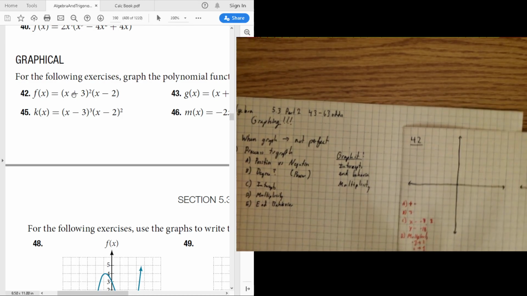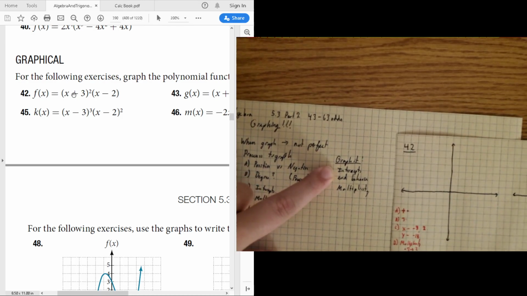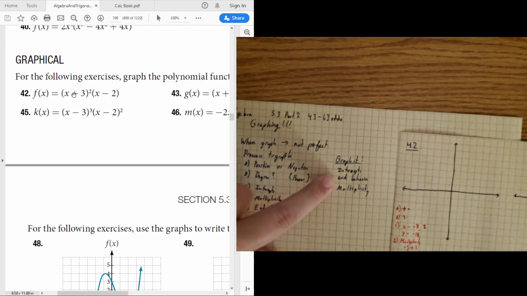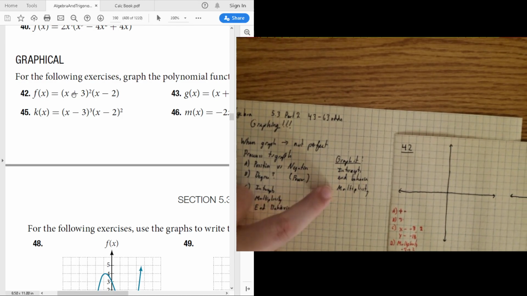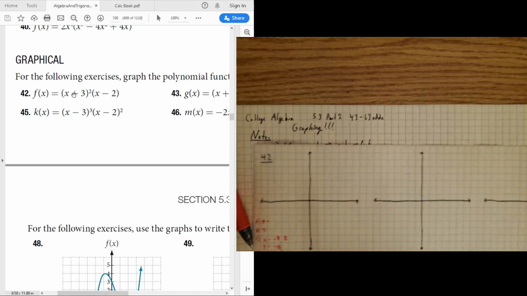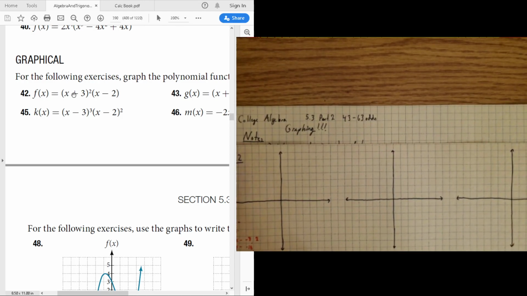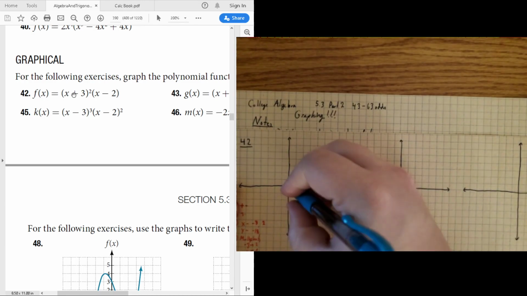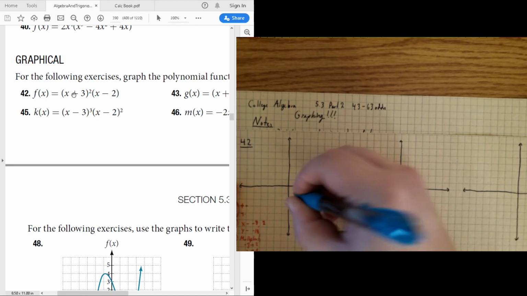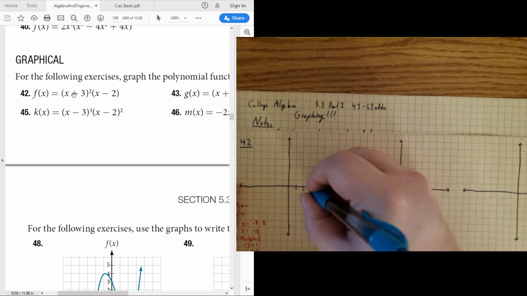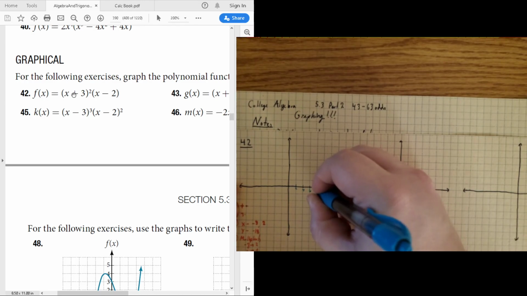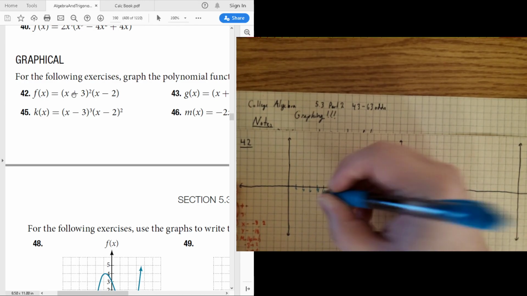And so let's take a look at this function. I'm going to graph it in this order. I'm going to graph the intercepts first. Then I'm going to graph its end behavior. Then I'm going to graph its multiplicity using all the information I have found. So step 1, let's do the intercepts. To make this a little easier, I'm actually going to count by 2's. So this is going to be at 2, 4, 6, 8, 10.